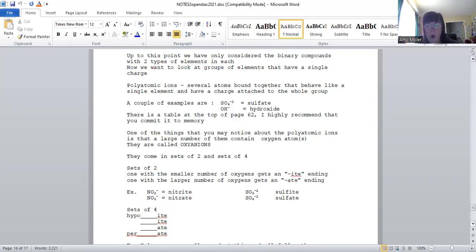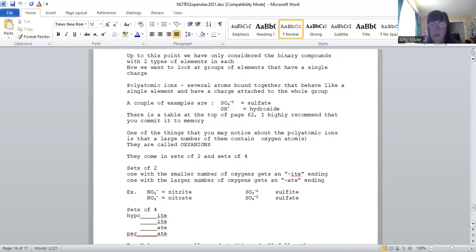If you are watching this because you are working on your nomenclature lab, remember that there is an entire page in your lab book that is primarily devoted to polyatomics. So yes, there are many, many more than the ones on page 62 of your textbook.